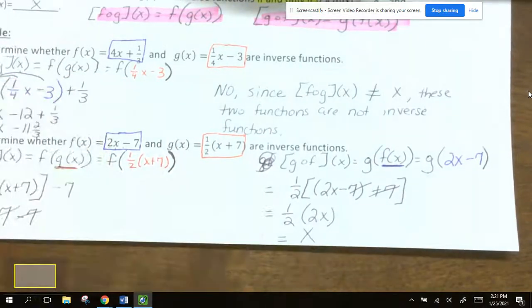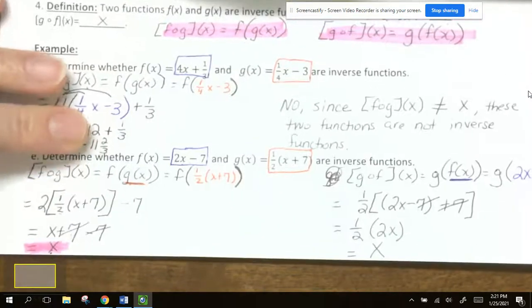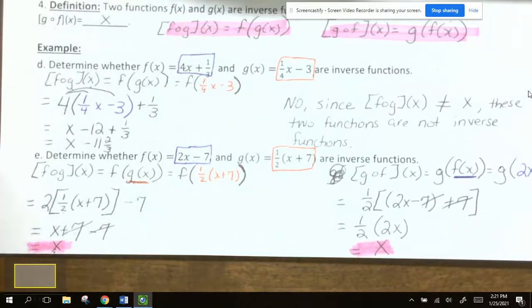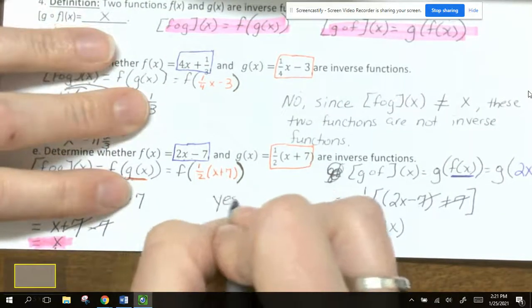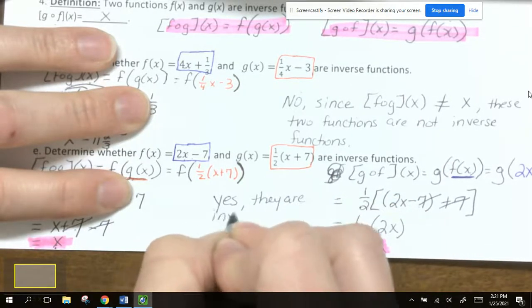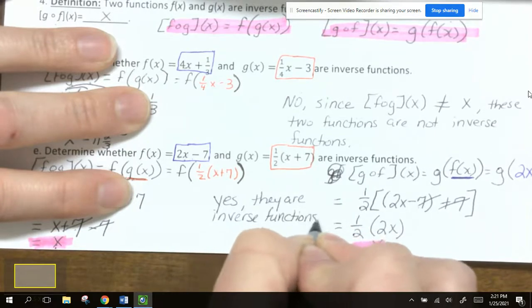So I did get x. So since I got x here, and I got x here, then yes, these are inverse functions.